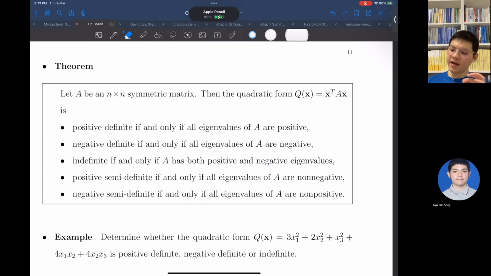Let A be an n by n symmetric matrix, then the quadratic form is positive definite if and only if all eigenvalues are positive, negative definite if and only if all the eigenvalues are negative, indefinite if and only if A has both positive and negative eigenvalues, positive semi-definite if and only if all eigenvalues of A are non-negative, negative semi-definite if and only if all eigenvalues are non-positive.